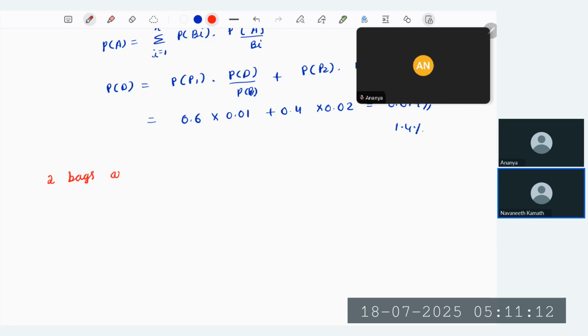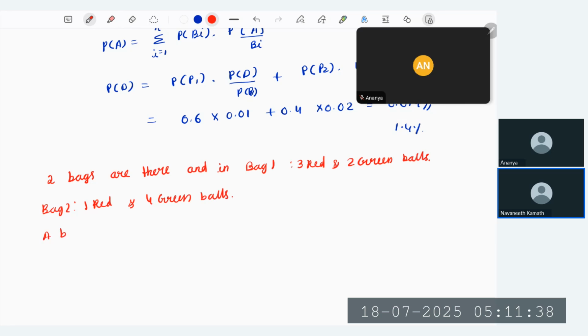Two bags are there. In bag one, we have three red and two green balls, and in bag two, we have one red and four green balls.